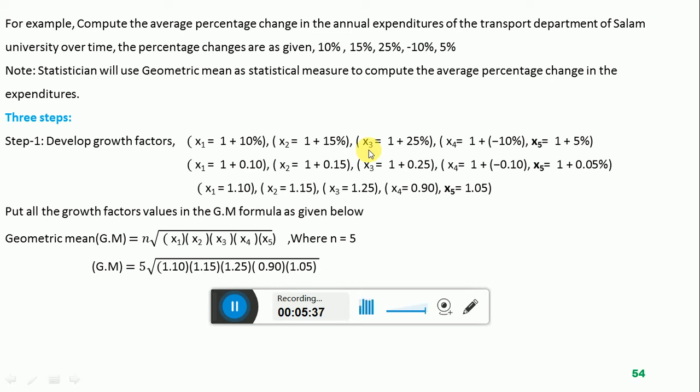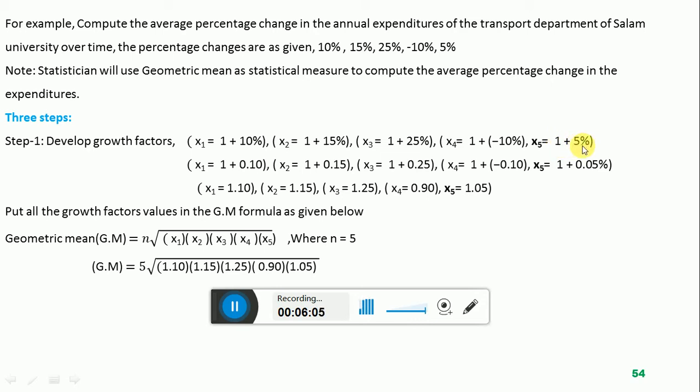The third data item, third growth factor x3, by adding simply 1 to the third percentage change, which is 25%. So 1 plus 25%, this is the third growth factor. And again the fourth growth factor, by adding 1 to minus 10%, 1 plus minus 10%. And the fifth growth factor x5 is equal to, by simply adding 1 to the 5%, 1 plus 5%.